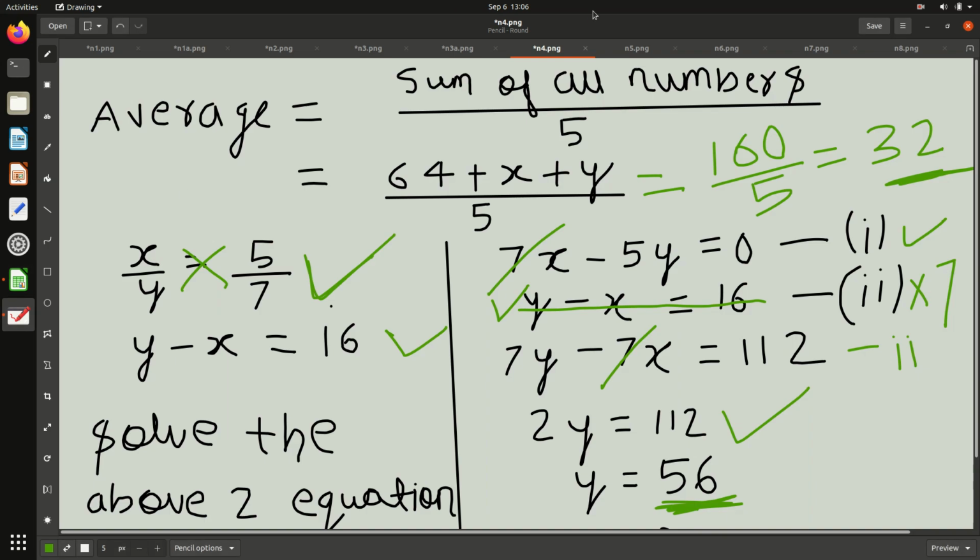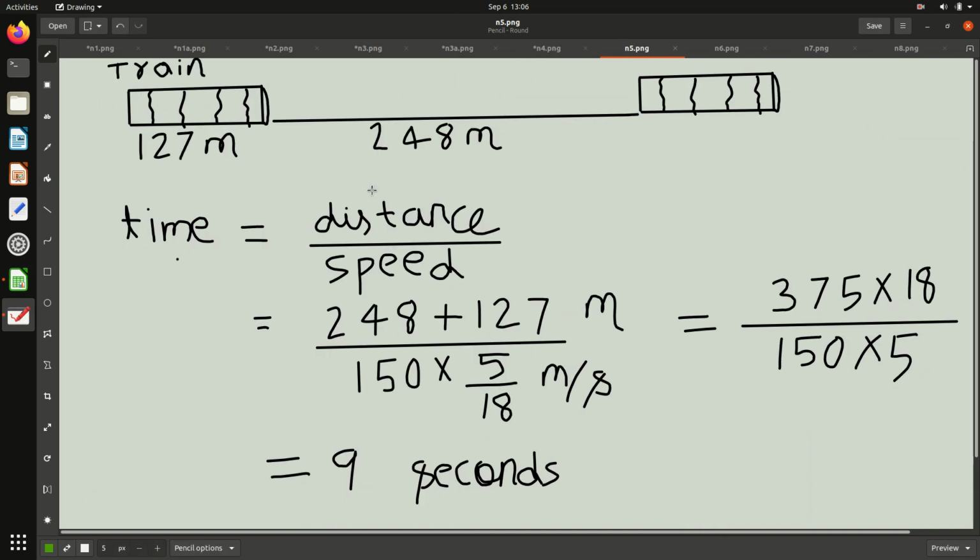So I hope it is simple. We can easily solve this. So this is the diagram I have made. In this case, this is the platform, 248 meter long. This is the train, although it does not look like it, but for question purpose. So this is the train and it is 127 meter long.